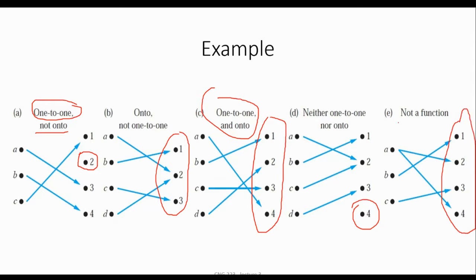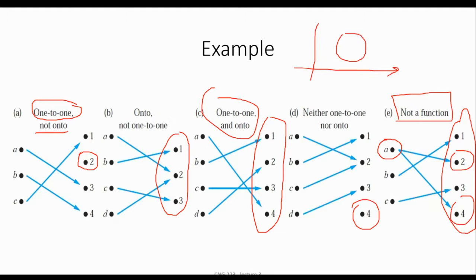But this one has a bigger problem actually. Even before checking whether this is onto or one-to-one, this one is not even a function. Why is that? Because from a single x, you reach two different y's. The image should always be unique for each single x. That's why a circle is not a function.